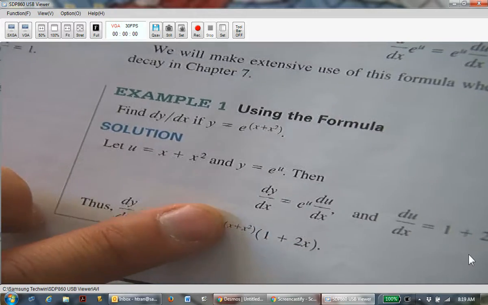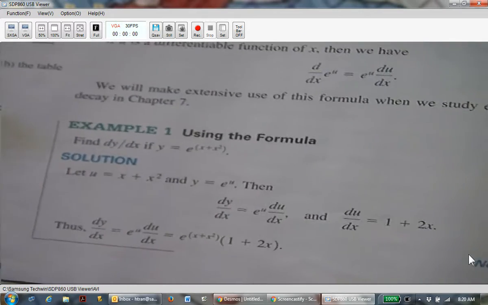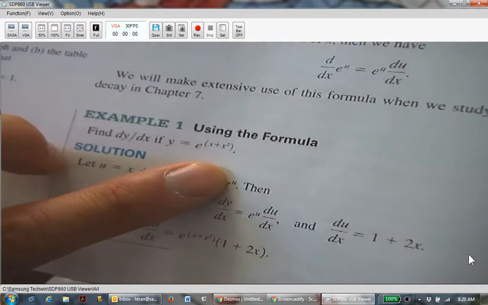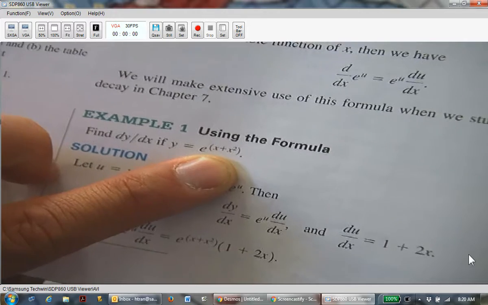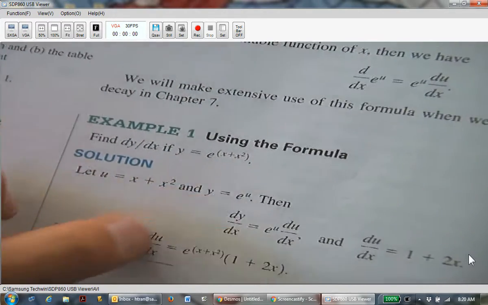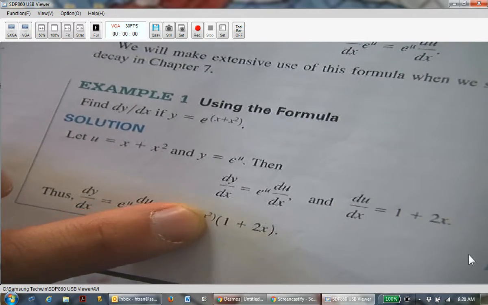So I think the best thing to define first is a u. What is your u in this case? You can look at the solutions too to extrapolate it, but sometimes it's easier to understand it yourself. Yes, x plus x squared. So the derivative of this outside function is just itself, e to the power of x plus x squared.